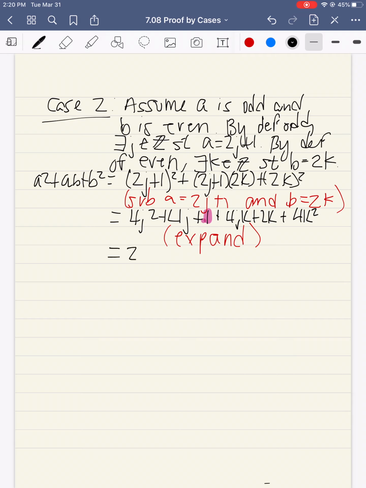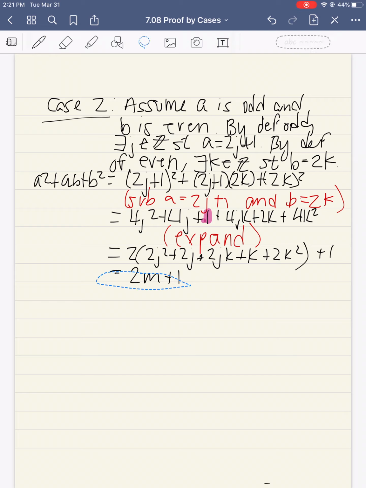So I can just factor a 2, but leave that on the outside. Factor actually, so 2j squared plus 2j plus 2jk plus k plus 2k squared, and then leave that 1 on the outside. So 2m plus 1 here.